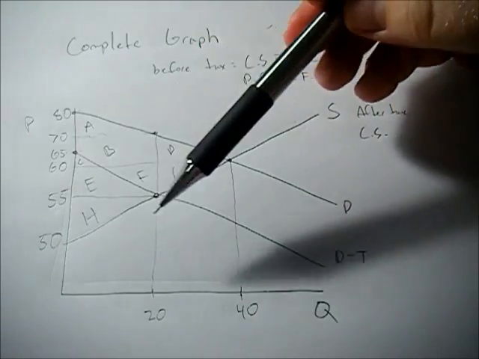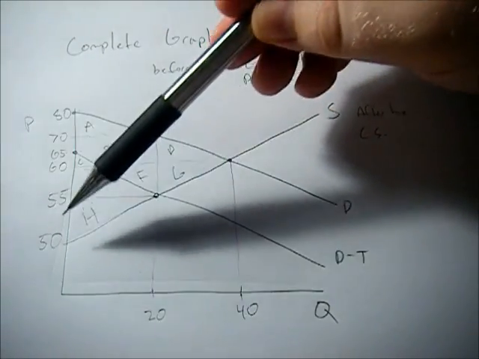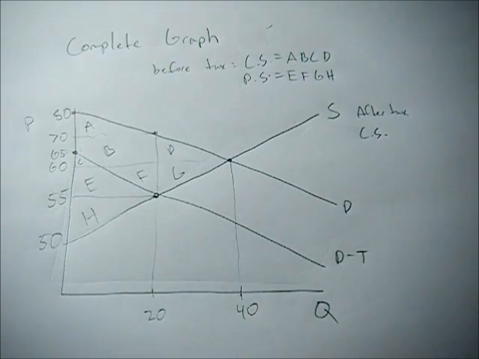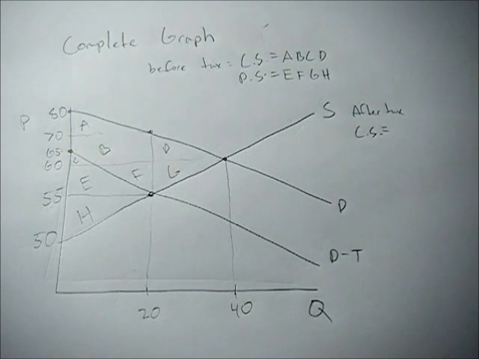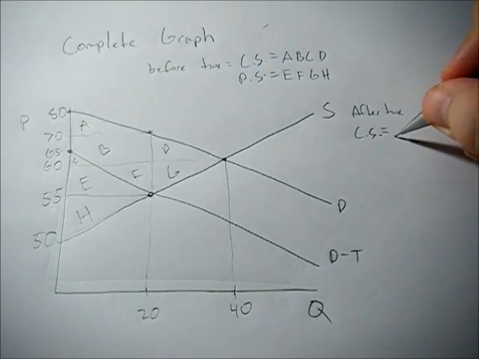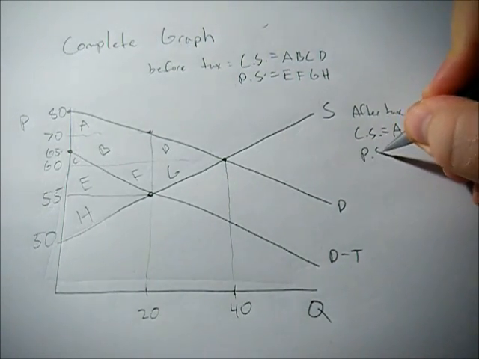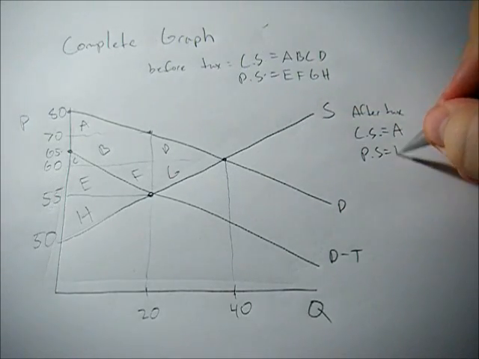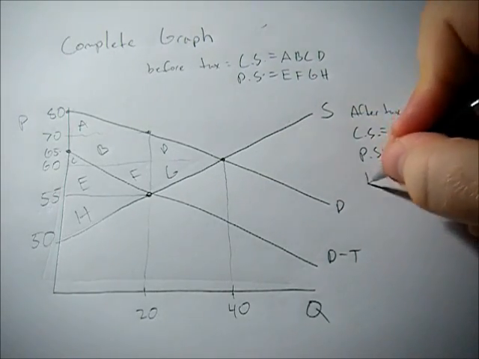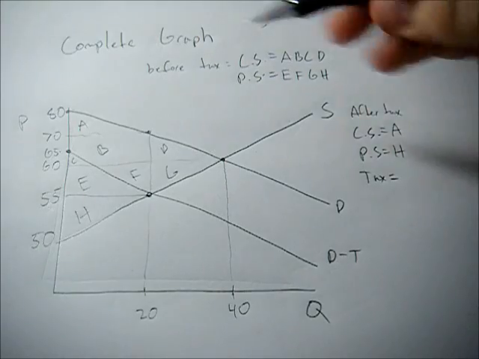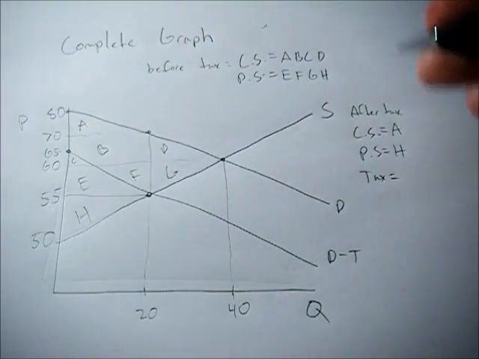Producer surplus was a base of 40, a height of 10, so 400 divided by 2, or 200. Consumer surplus after the tax is just A. Producer surplus after the tax is just H. The tax revenue is now equal to C, B, E, and F.